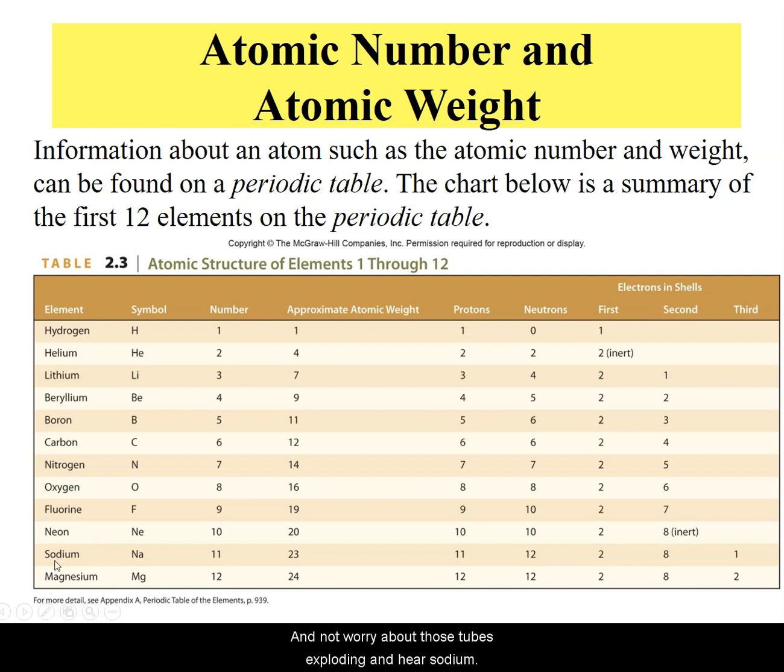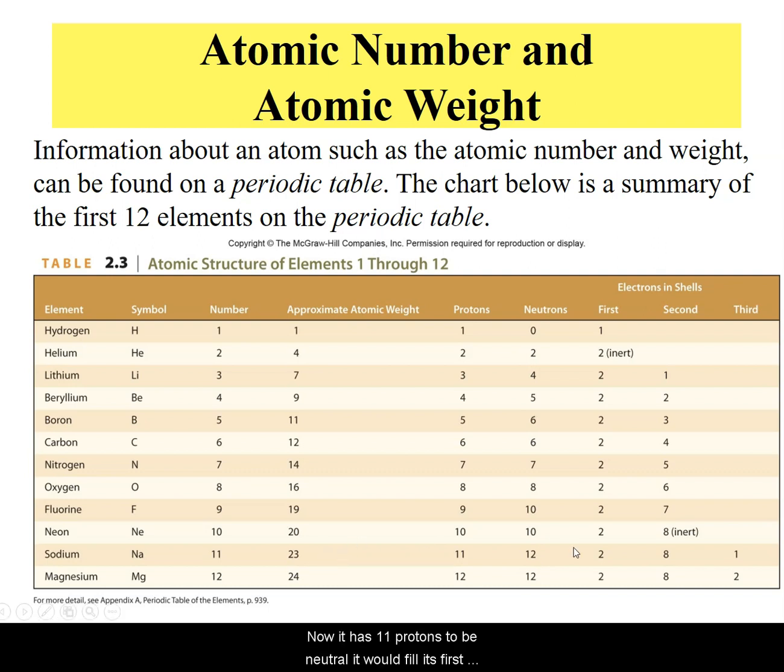And here's sodium. It's Na, it's its atomic symbol. Its atomic number is 11. Its approximate weight, 23. We looked at this just a minute ago. So since its atomic number is 11, we know it has 11 protons. We subtract the atomic number, or the number of protons, from the atomic weight or mass, and that would give us the number of neutrons.